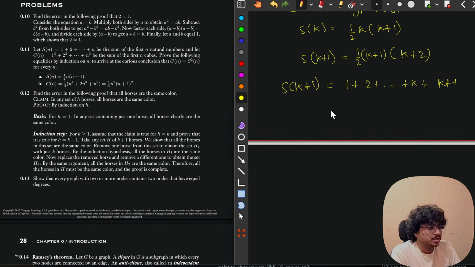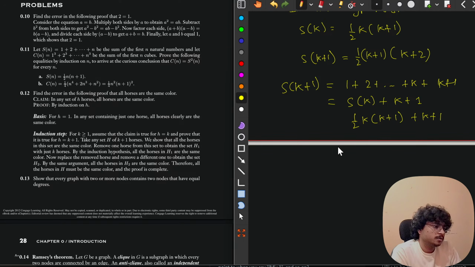And this part is actually S(k). So S(k) plus k plus 1. I can expand this: half k plus 1 plus k plus 1 k.